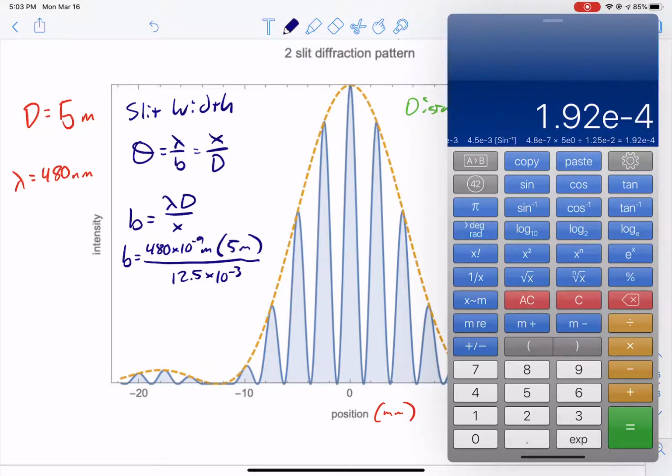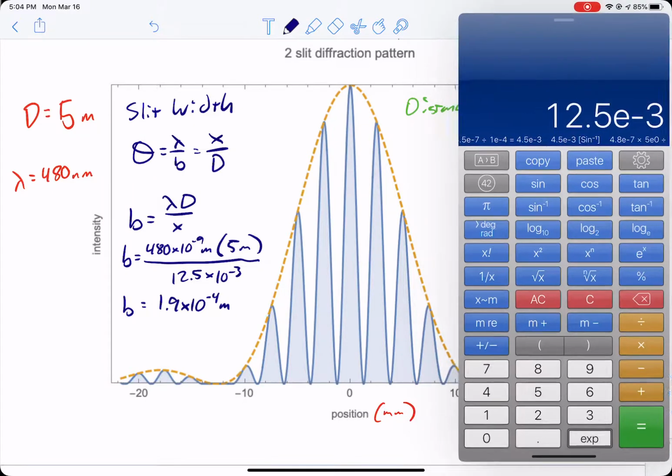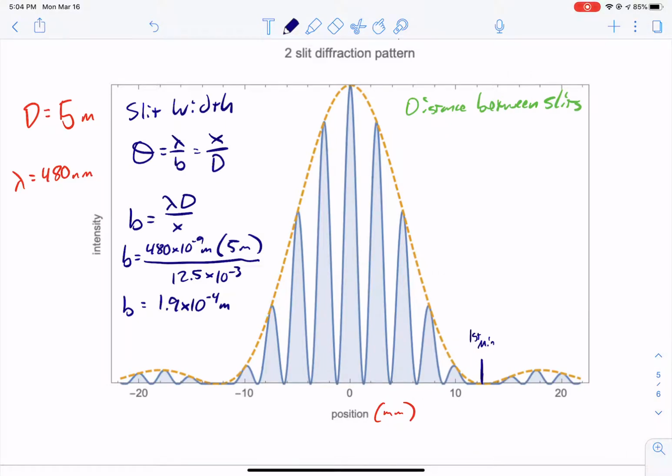And I find that the slit width in this situation is going to be about 1.9 times 10 to the negative 4th meters. So we're looking right at about 0.2 millimeters. Again, for slit width, we use the single slit envelope.